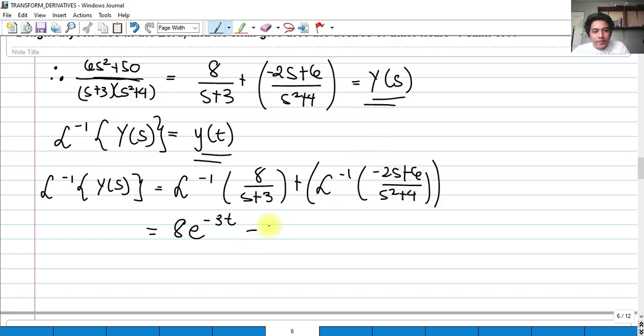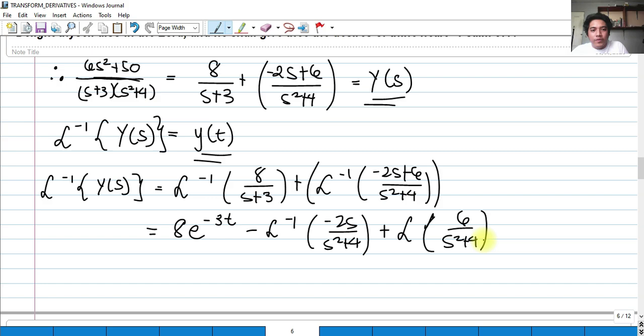I can separate the numerator. So we have the inverse Laplace of negative 2s over s squared plus 4, plus the inverse Laplace of 6 over s squared plus 4.